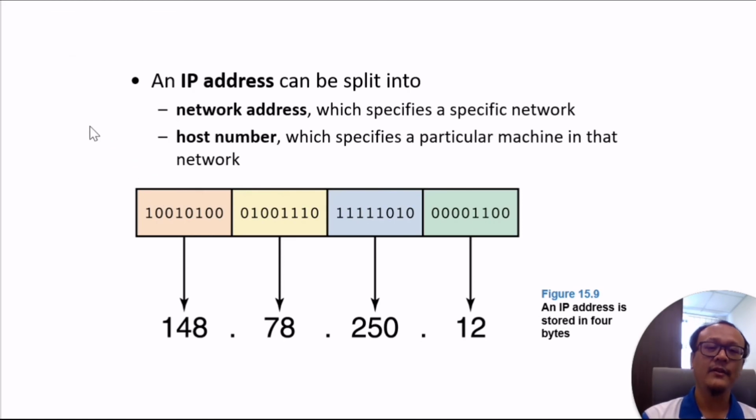This is an example of an IP address. It has 32 bits. If you change it to decimal, you can get the number. Each device has its own IP address. We will learn more about IP addresses in the network layer chapter.